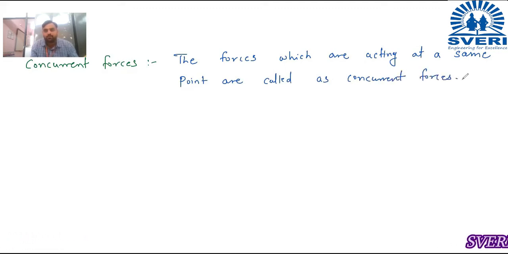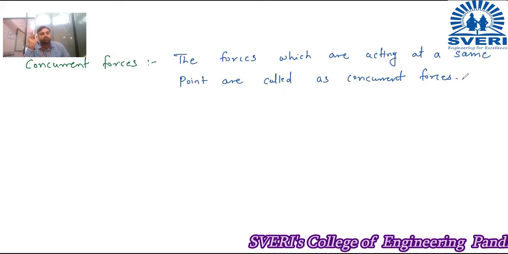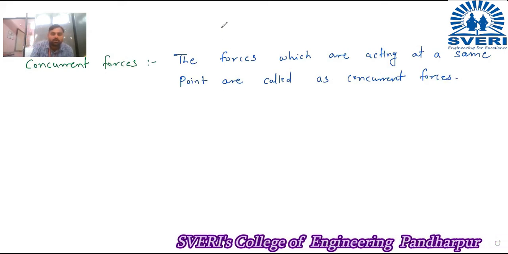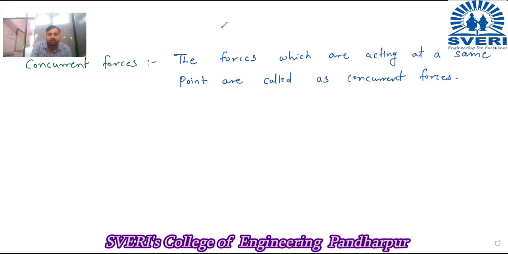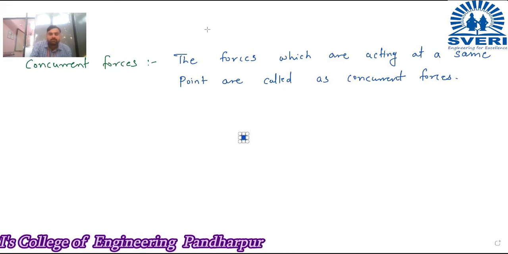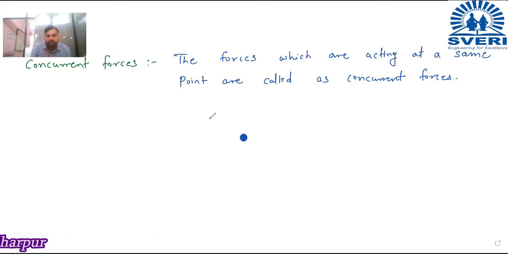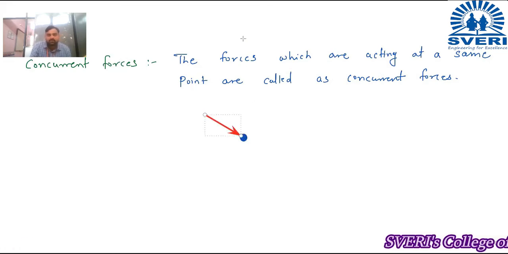If a number of forces are acting on the same point, then we can call them concurrent forces. Suppose I draw one point over here, and a number of forces are acting on this point. Let us say this is the force F1, acting like this.